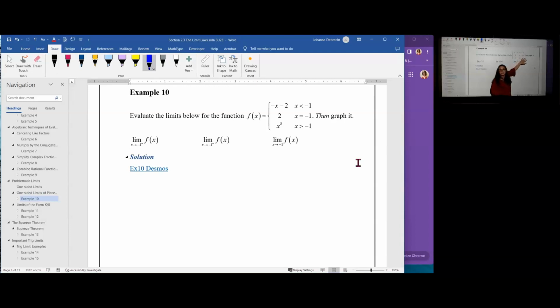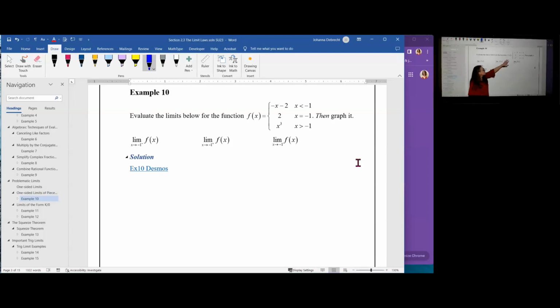In all 3 cases, it could have been 2 different values, but in this case, it's all connecting at -1. So that's the most interesting place to look at, right there where it connects. And we want to know what the value of the limit of this function is as x gets close to -1 from the left, from the right, and the two-sided limit.